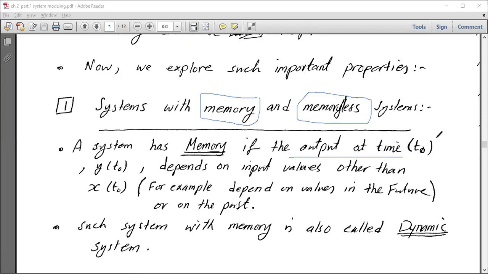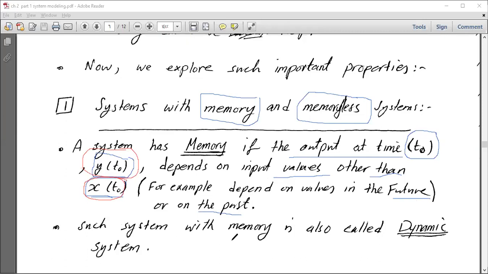If the output at any time t0, call it y of t0, depends on input values other than x of t0, the input at that instant, then the system has memory. If you find that y of t0 depends on any input value other than the present value of the input, whether from the future or from the past, then the system has memory.